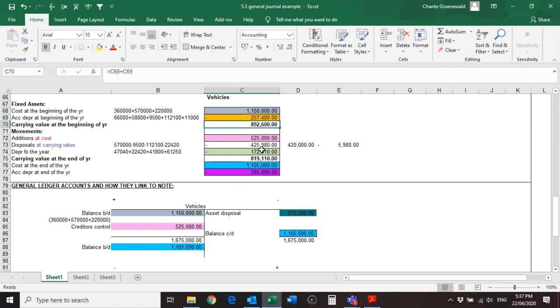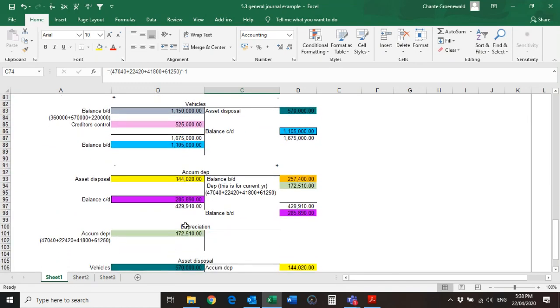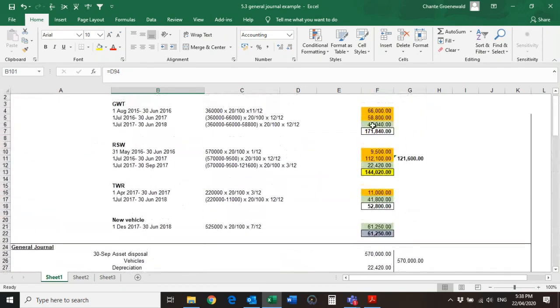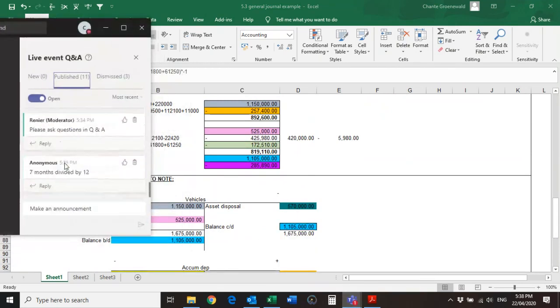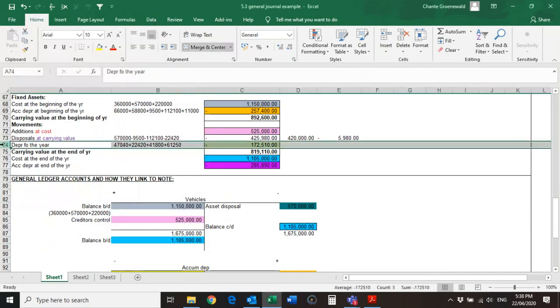Okay, shop. Now, my depreciation for the year is the amount that I've written here in my depreciation account. Can you see it's all of these also added together? 172,510, right? So I have to show that I'm going to minus it. Then I'm going to account for it here. Okay, remember it's also this question.